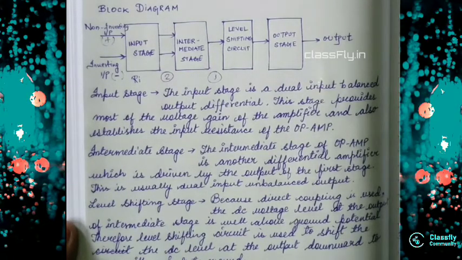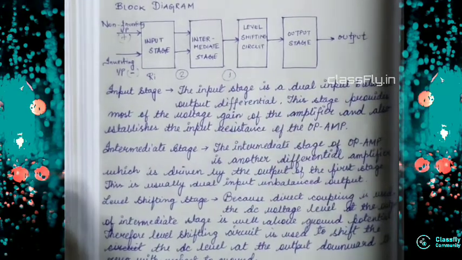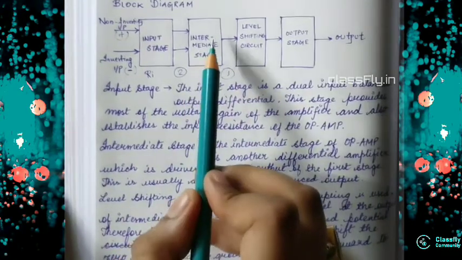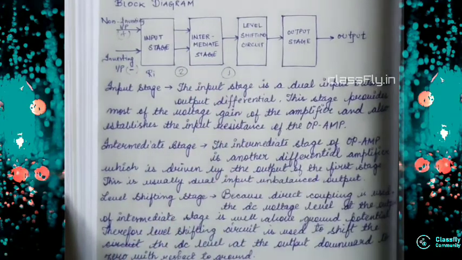Now let's move on to our level shifting circuit. Before that, the major thing we should know is that this intermediate stage nullifies the error voltage.